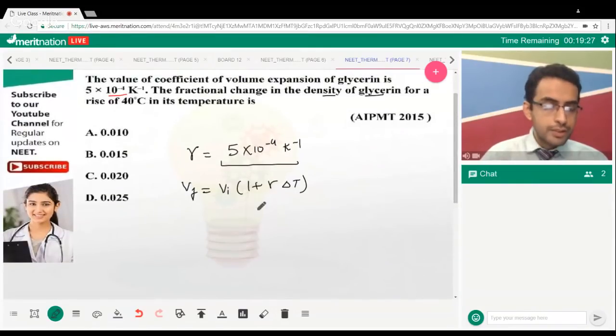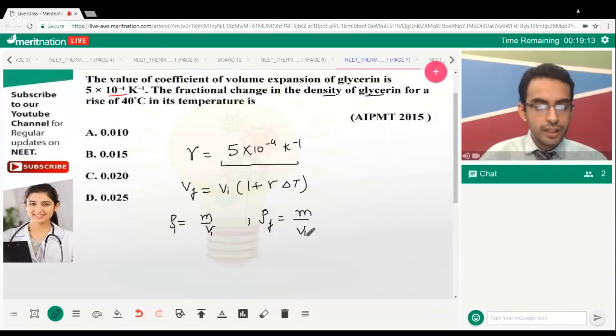So see, what is density? Density means mass upon volume. So let's say the initial density is rho I, which is m by Vi, and the final density is m by Vf.